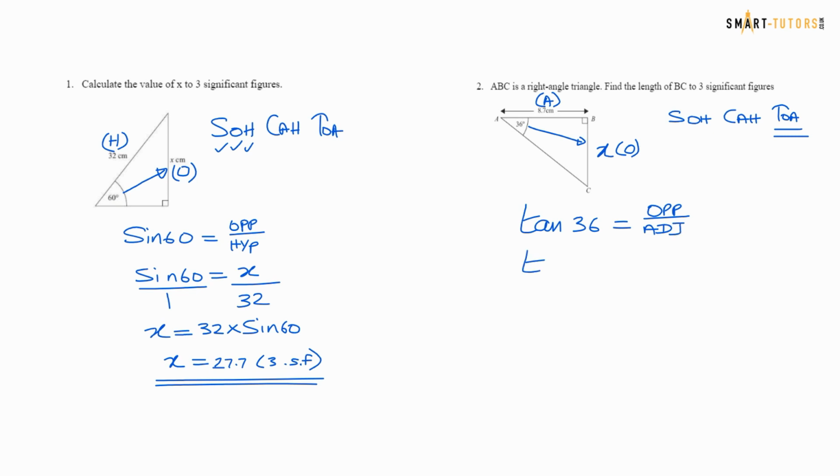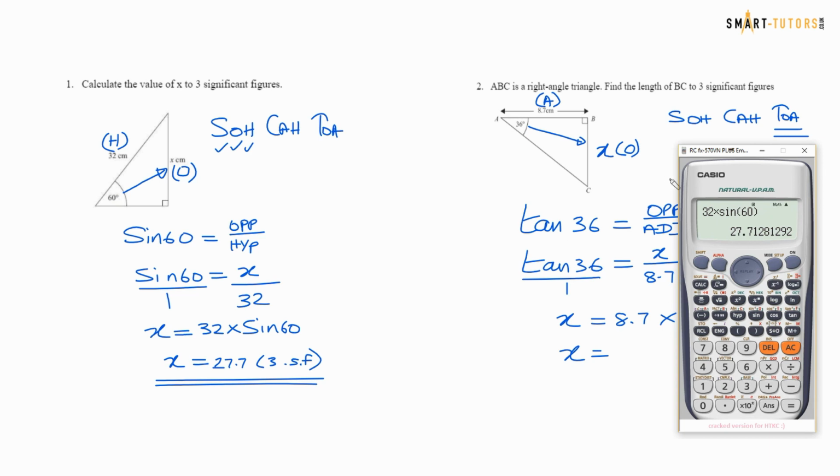Tan 36 equals opposite x, adjacent is 8.7, over 1. X times 1, so x equals 8.7 times tan 36. You need to multiply them together to get the answer.